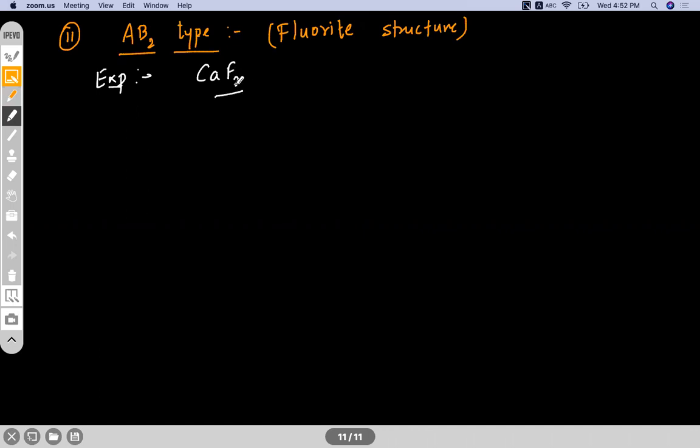We'll see the important points here with respect to this molecule only. Write down for Ca2+, meaning all cations of this type of structure. This has CCP arrangement first of all, and its coordination number is 8. Each Ca2+ ion is surrounded by 8 F- ions.